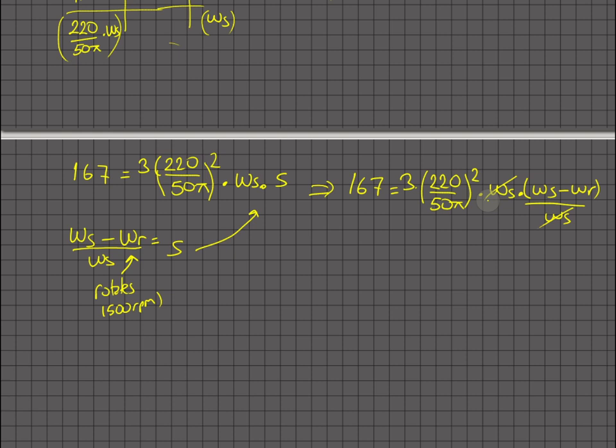Let me check my notes. Omega s minus omega r is 28.4 radian per second. So I know what the exact difference should be.